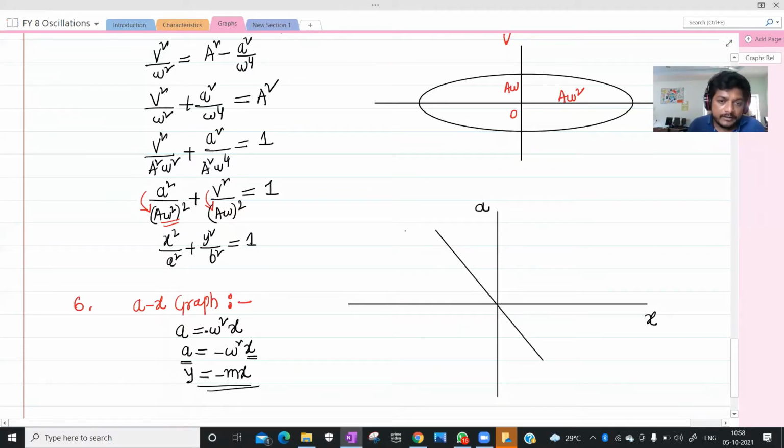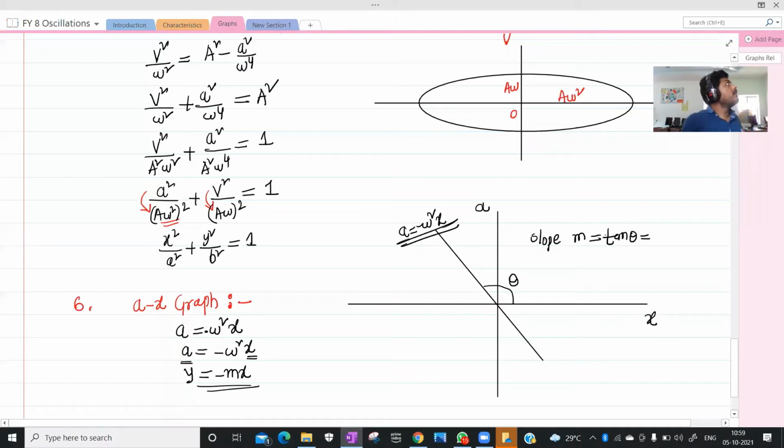This is a equals minus omega square x. Here, what is the slope? The slope is nothing but tan theta. The slope of the curve, m, equals minus omega square.